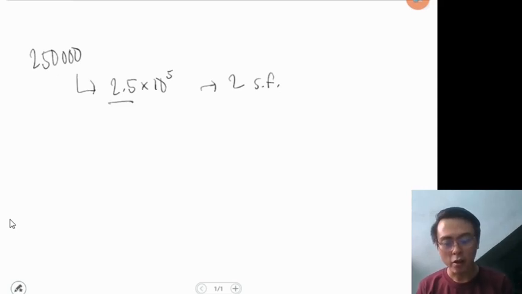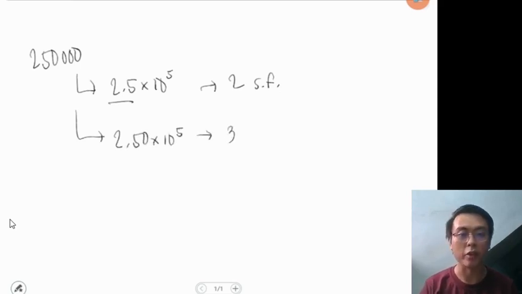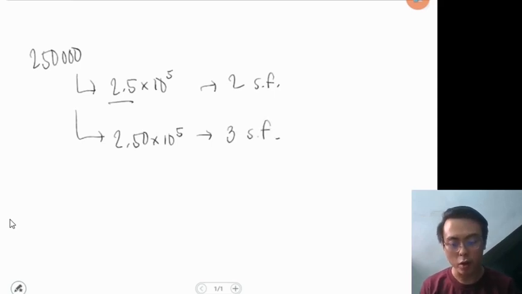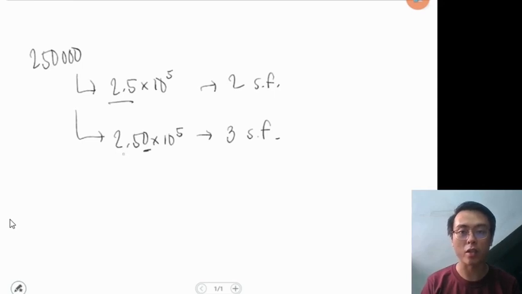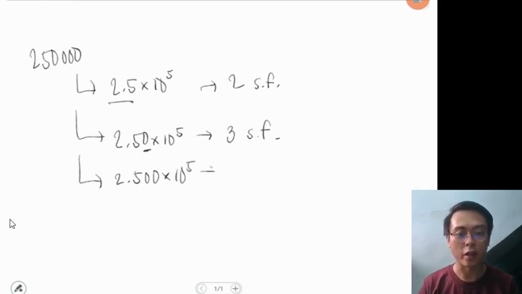But if I write it as 2.50 times 10 raised to 5, then we now have 3 significant figures. Because remember, all of the zeros that come after the decimal point to the right are significant and they are all counted. So we can also have this in as many significant figures as we want. So this is 4 significant figures.